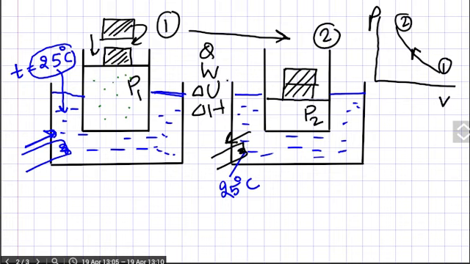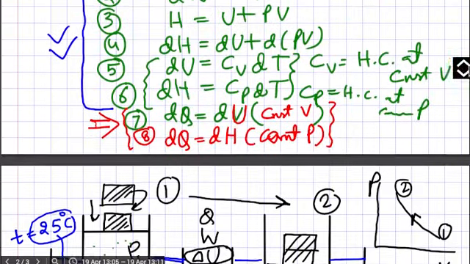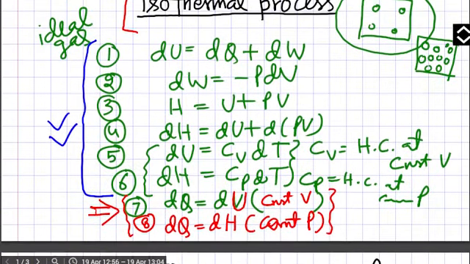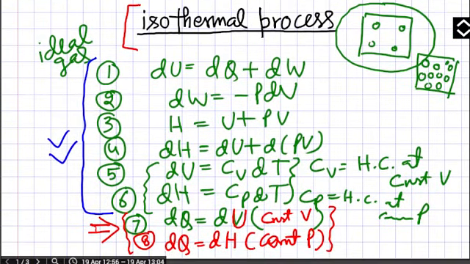First we take the change in internal energy. So we go to the list of our formulas, and here we come to this formula because this is the change in internal energy. Here we see that it's multiplied by dT, and in the isothermal process dT is 0.